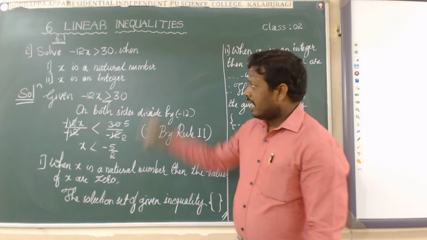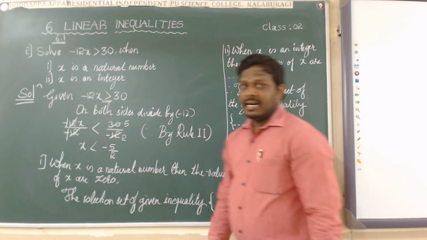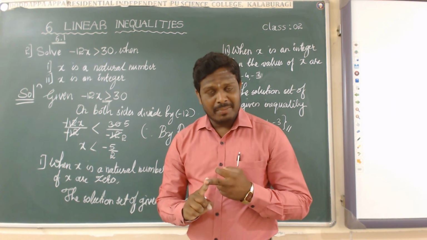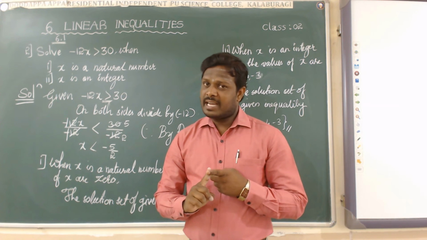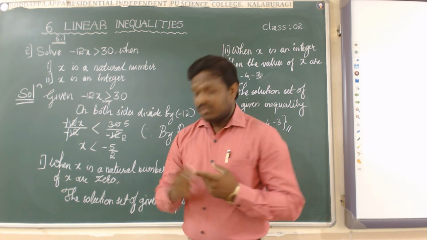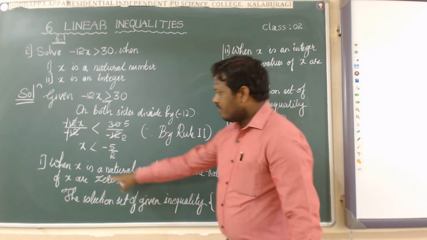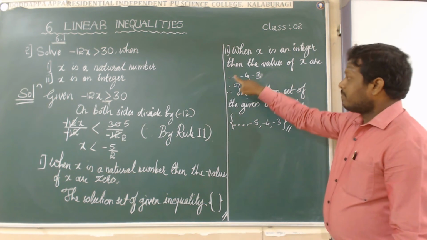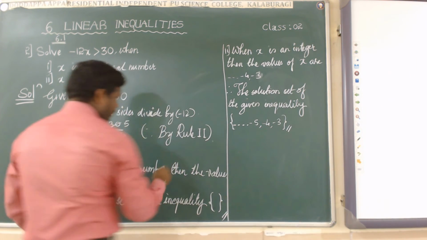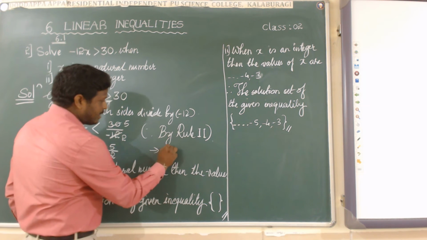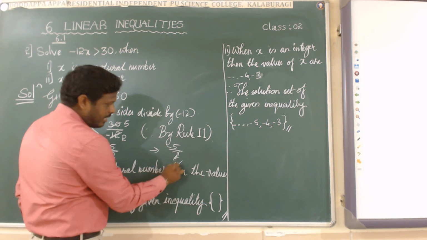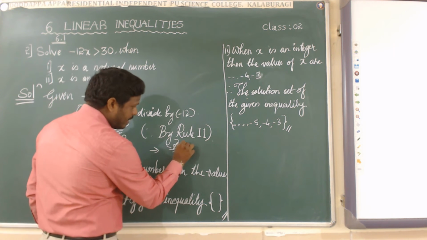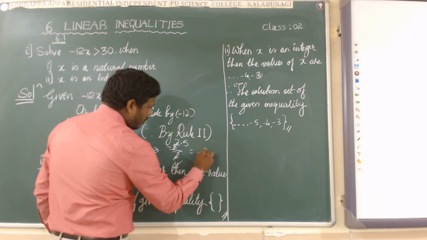Getting my point? Next, x is an integer. In integers we can see 0, all negative counting numbers and all positive counting numbers in the set of integers. So obviously we will have values of x here. When we simplify minus 5 by 2, the value will be coming minus 2.5.